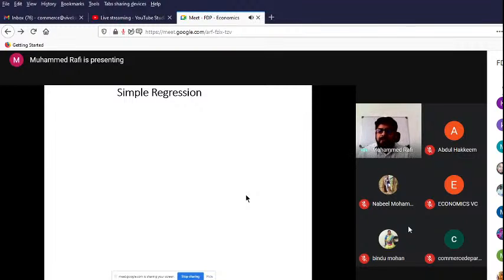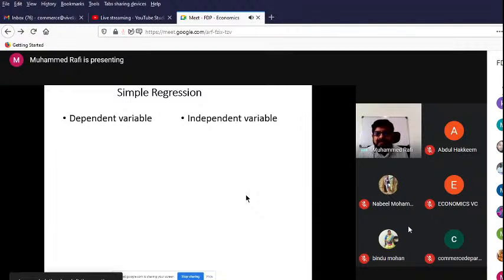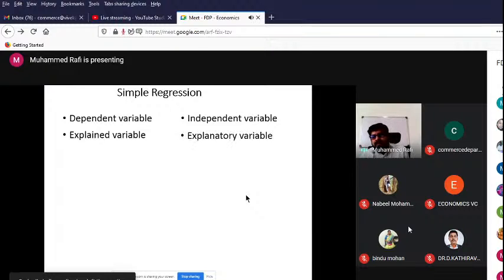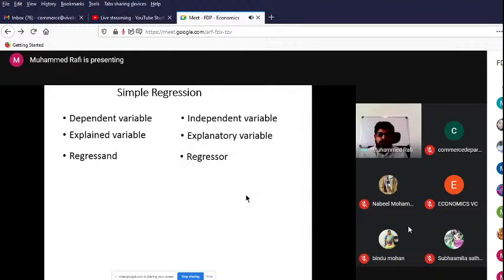Here, apart from correlation, we distinguish between the dependent variable and the independent variable, and we see how the variation in the dependent variable can be explained by the variations in the independent variable. I'll be using different terms for these: the explained variable and the explanatory variable, or the regressand and regressors, throughout this lecture.